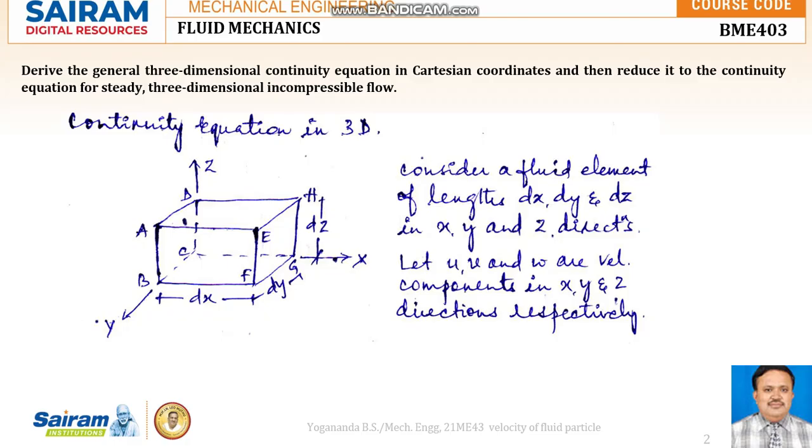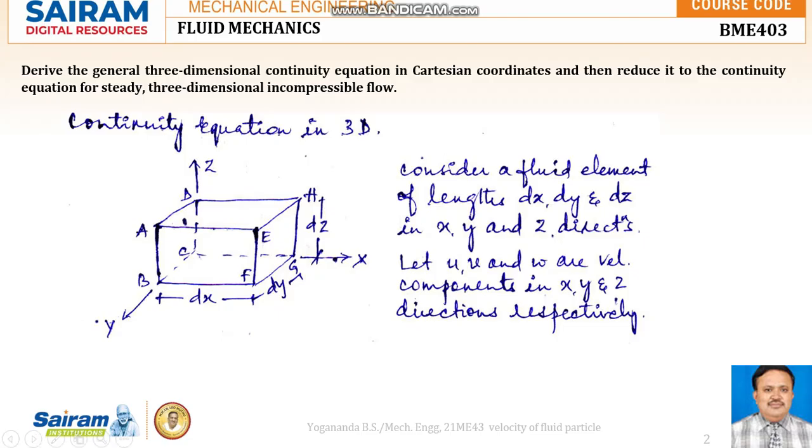To derive the continuity equation, we are taking a fluid element of length dx, dy and dz in the three axes x, y and z directions. Let u, v and w be the velocity components in x, y and z directions respectively.